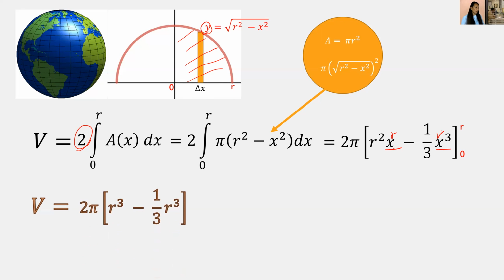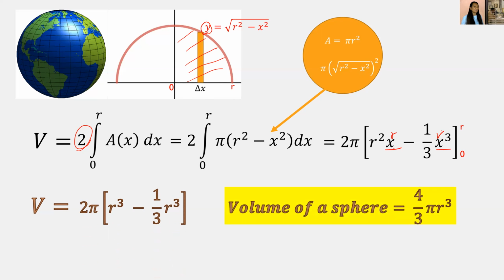So you have 1 whole r to the third minus 1/3 r to the third, you'll get 2/3, right? 1 whole minus a third is 2/3. 2/3 r cubed multiplied by 2 pi. So then we say the volume of the sphere is 4/3 pi r cubed, as you have seen before, right? That's beautiful. That's just beautiful.